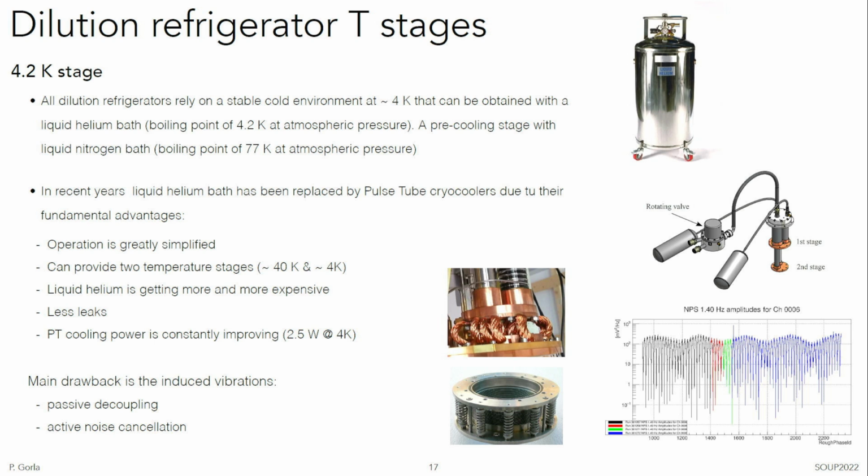This is the so-called tube where you have this expansion of the helium gas, and with this closed circuit you are able to provide two stages, one around 40 Kelvin and one around 4 Kelvin.